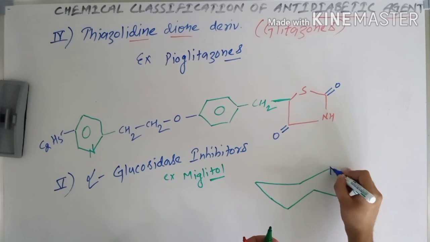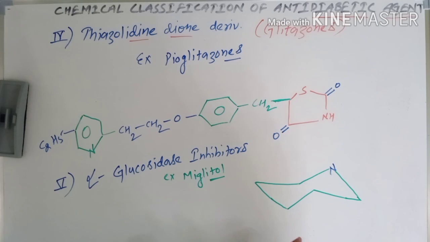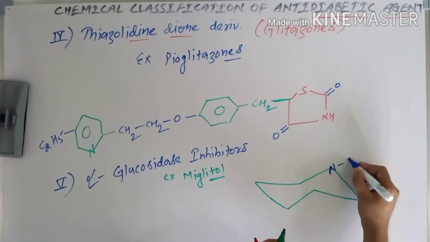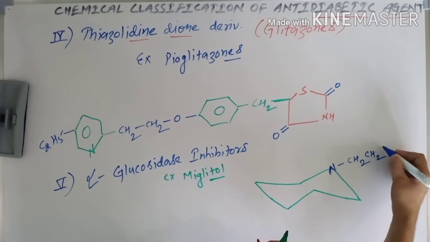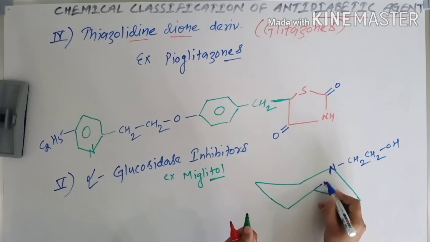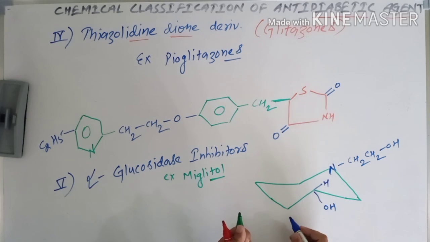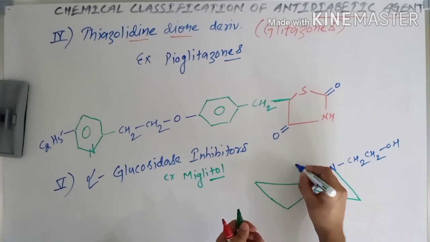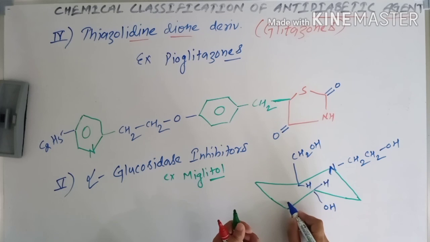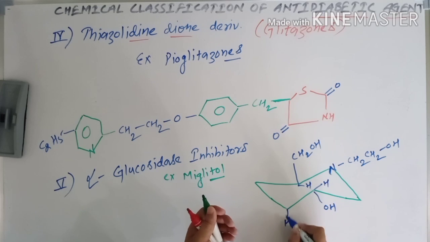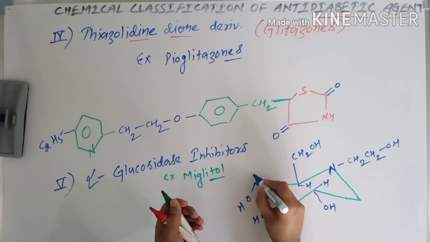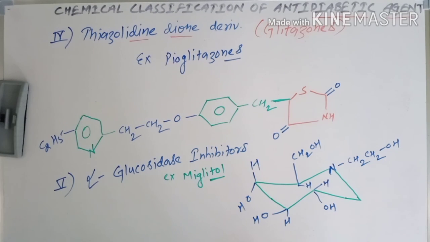Here one nitrogen atom is there, and on this nitrogen is present a CH2OH group, and at all other positions there is OH, then here your CH2OH, one hydrogen is there, here also one hydrogen is there, OH group is there, here also one OH group and one hydrogen. This is the structure of your miglitol.